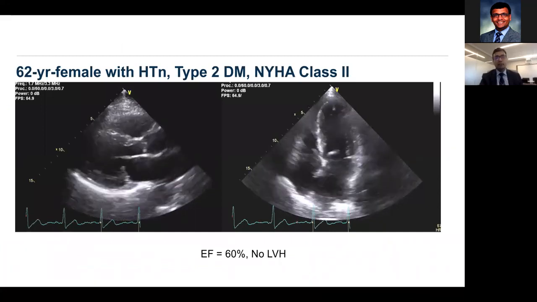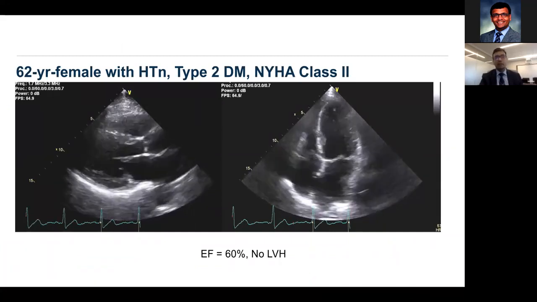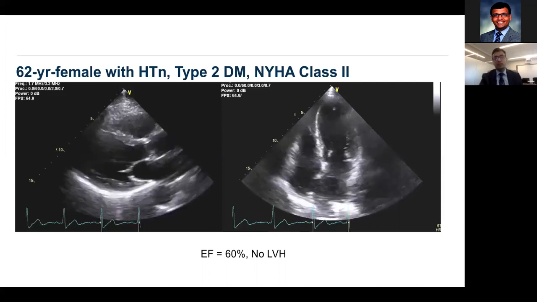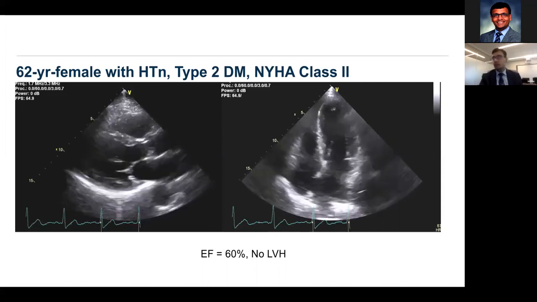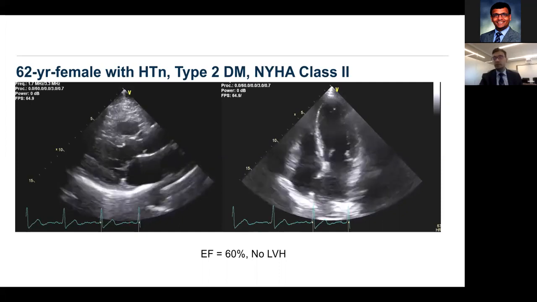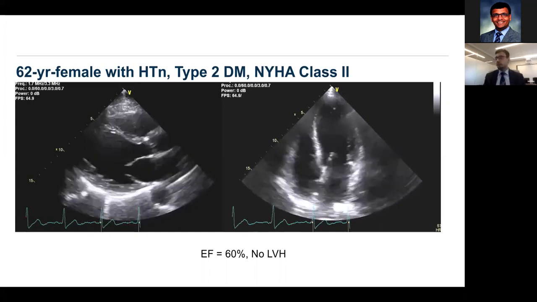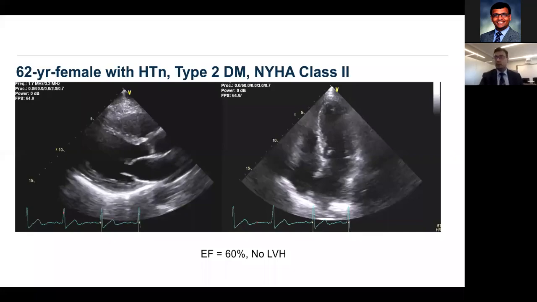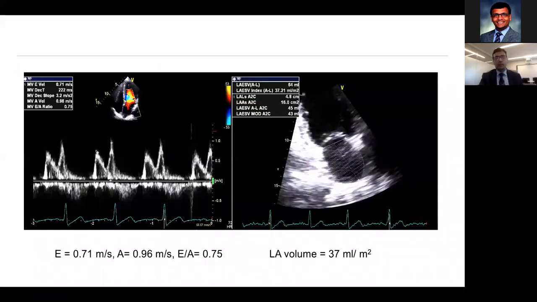Another example: this is a 62-year-old female with hypertension, type 2 diabetes mellitus, and Reicher class 2. Ejection fraction is 60%. There is no LV hypertrophy. E wave is measured as 0.71, A wave is 0.96, E by A is 0.75, LA volume is increased to 37 ml per meter square.